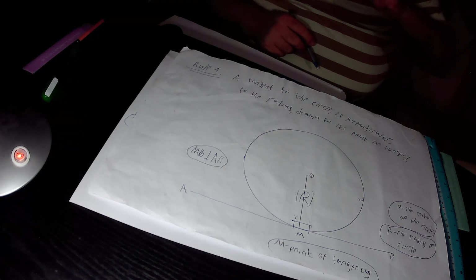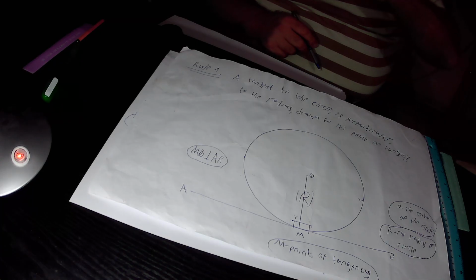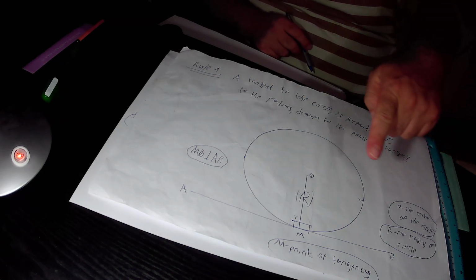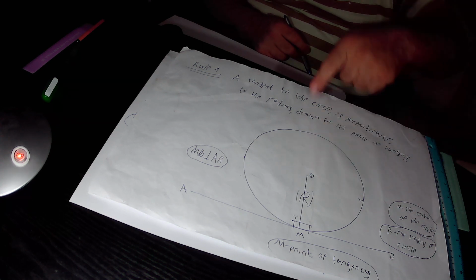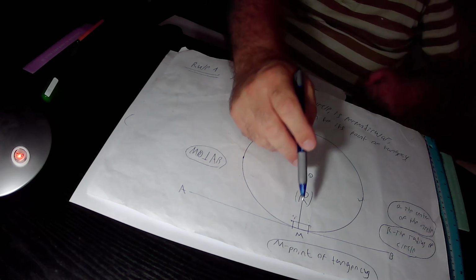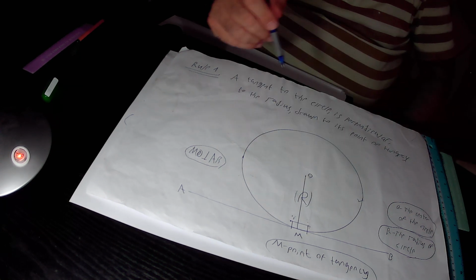And whenever you have a radius that is drawn to the point of tangency, then tangent AB will be perpendicular to the radius MO. If AB is perpendicular to MO, it means that this angle equals 90 degrees, and this angle also equals 90 degrees according to rule 1.